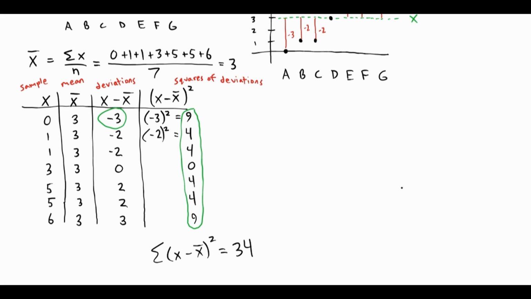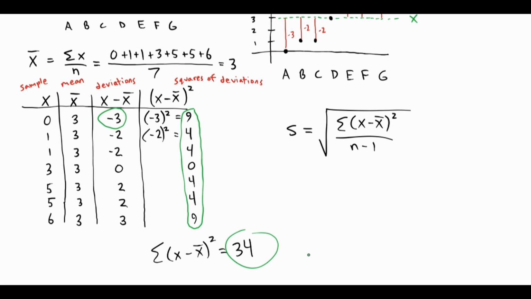Okay. Now, the reason we do that is because sample standard deviation has the formula S equals the square root of the sum of the squares over n minus 1. So the whole reason we make that table is so that we can get a value that we can plug into this numerator.